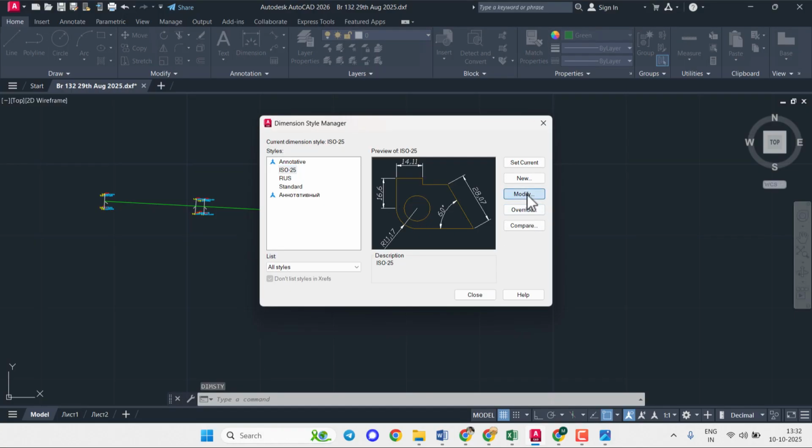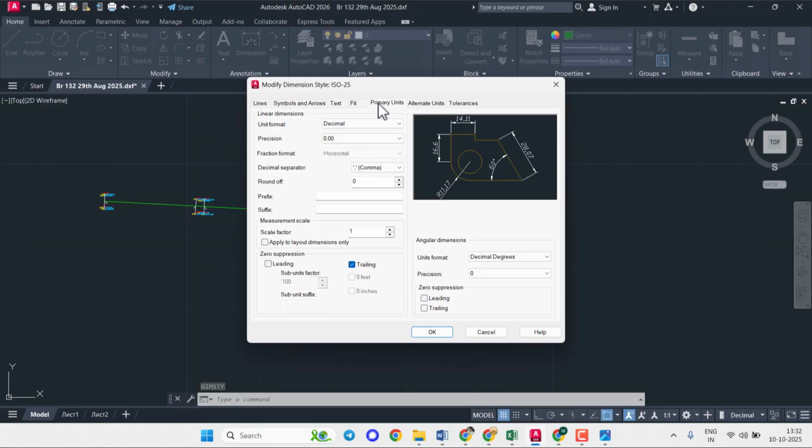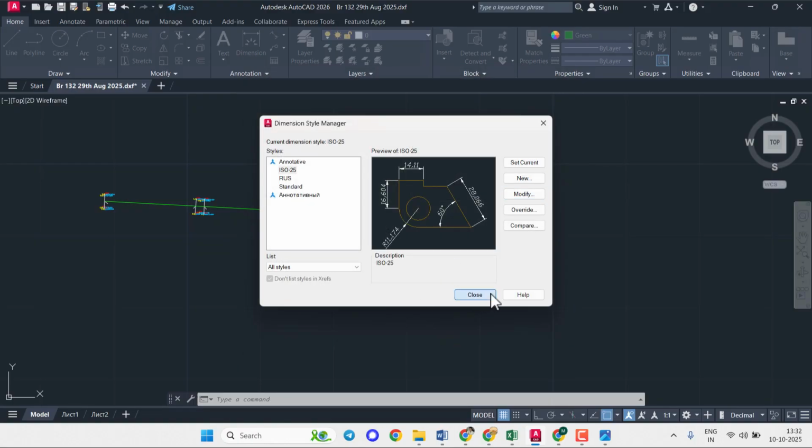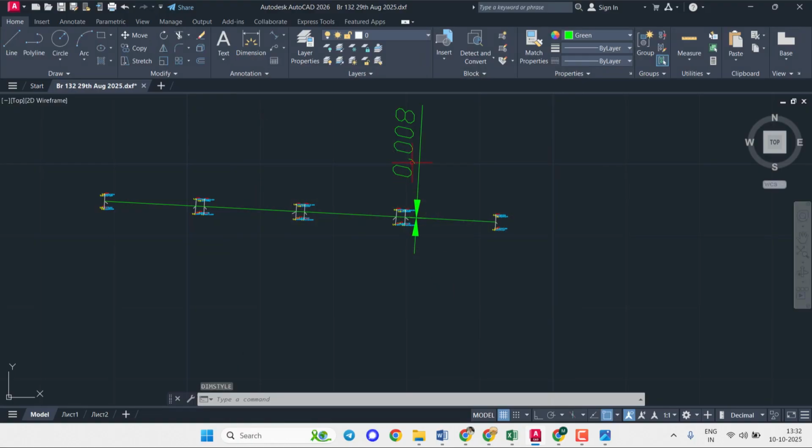Dim style, modify primary units and 3. So this is 8 mm.